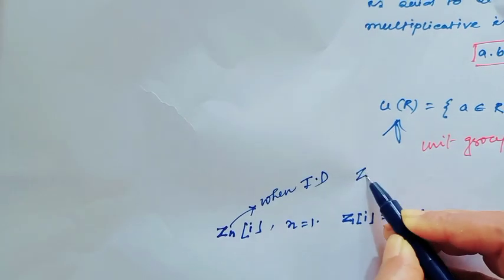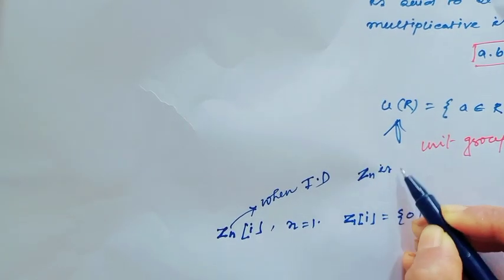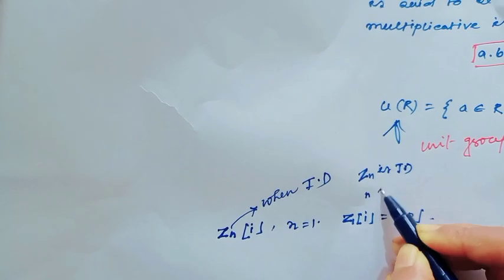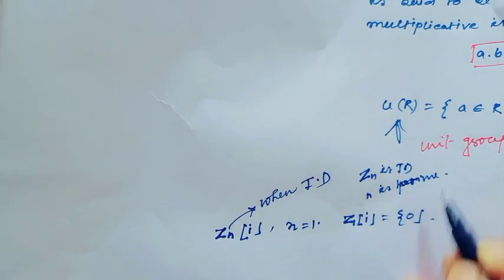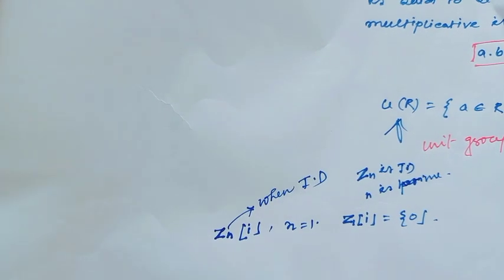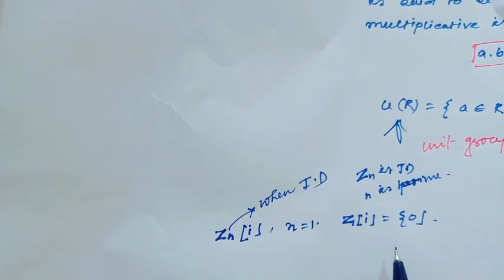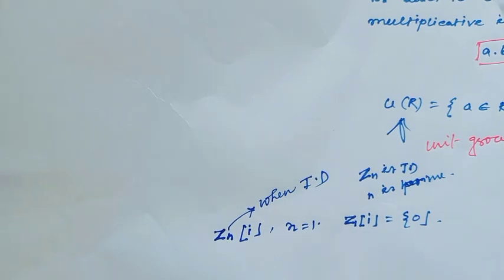We know Zn is an integral domain when n is prime, but here not. Case 1, consider n equals 1. Then Z1[i] contains only the 0 element, so it does not contain the identity of this ring, so this is not an integral domain.